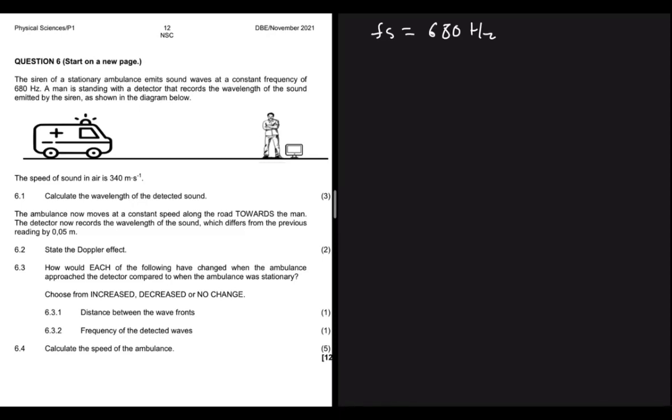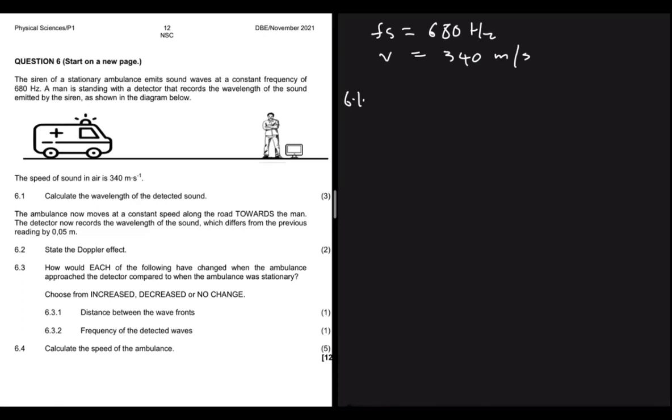And yeah, there you have it on the left-hand side. And then it goes on to say the speed of sound in air is 340 meters per second. So we have our V equal to 340 meters per second. And then 6.1 says calculate the wavelength of the detected sound.